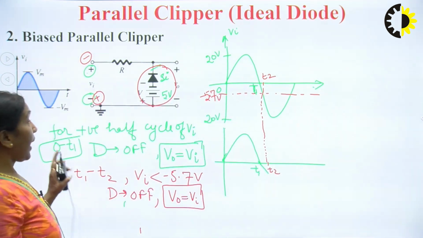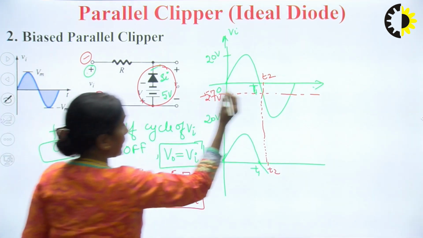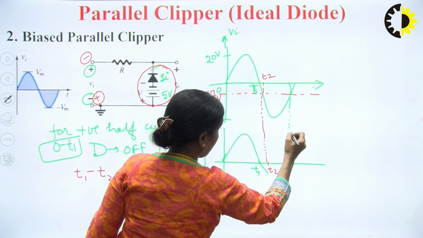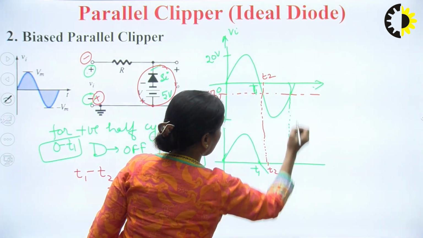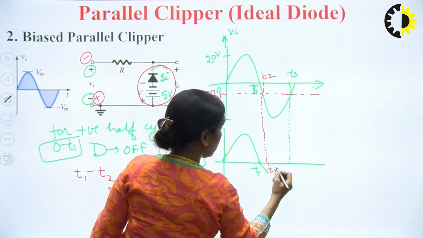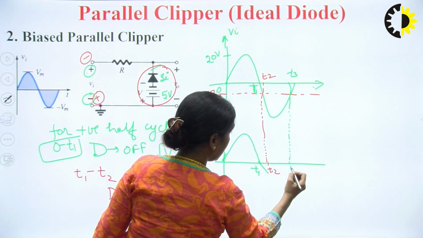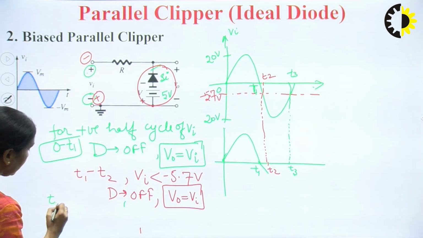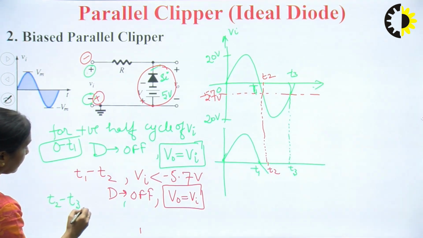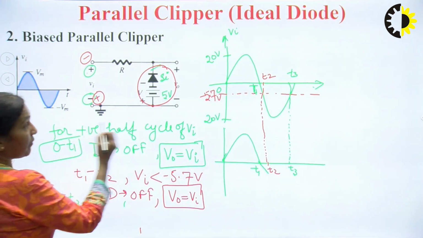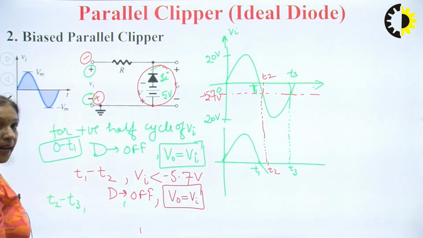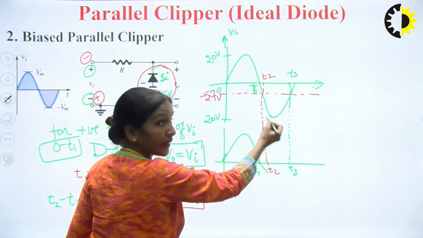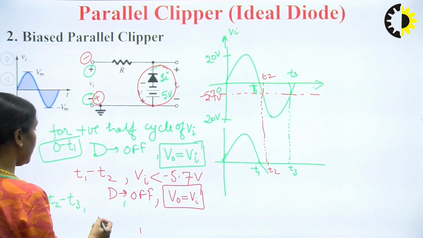Now, as soon as T2 to T3, this is T3. So during time period T2 to T3, Vi is greater than minus 5.7 volts. In this period, Vi is greater than minus 5.7 volts.